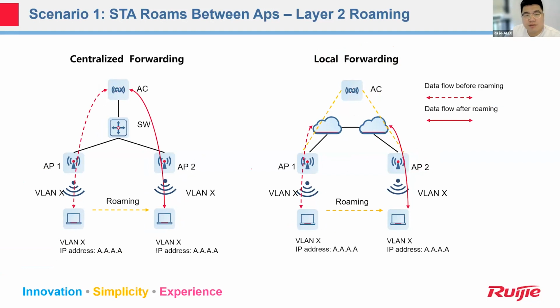If it's a layer 2 roaming, means, for example, AP1's SSID is employee, and on AP2 it is also employee, and the associated subnet here is 192.168.1.0/24, and on AP2 it is the same 192.168.1.0/24.